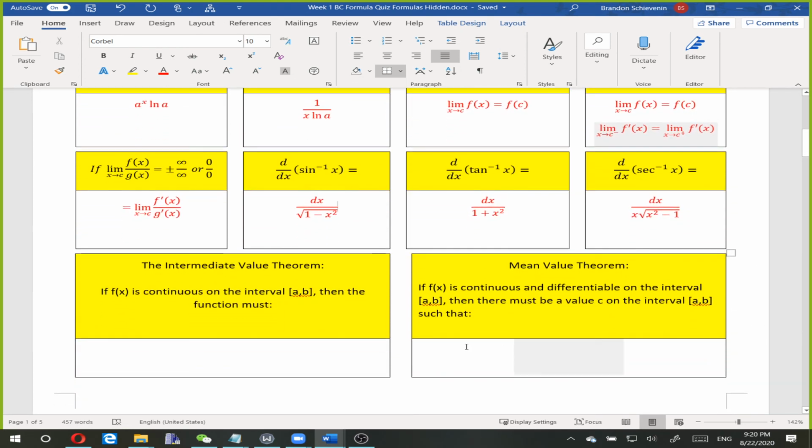Okay, skipping ahead. Back to Kelly for intermediate value theorem.